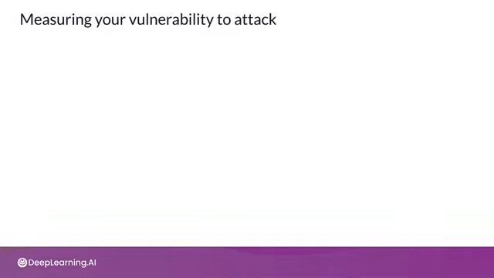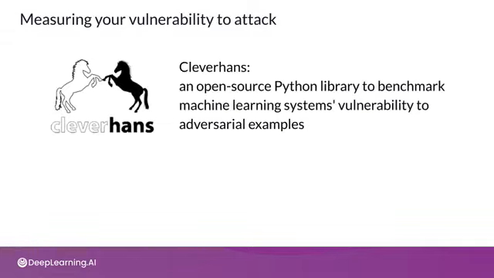Before hardening your models, you need to have some way of measuring the vulnerability to attack. CleverHans is an open source Python library that you can use to benchmark your models to measure their vulnerability to adversarial examples. To harden your model to adversarial attacks, one approach is to include sets of adversarial images in your training data so that the classifier is able to understand the various distributions of noise, and your model learns to recognize the correct class.